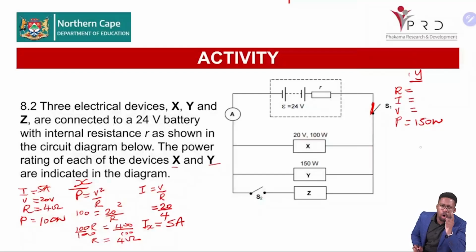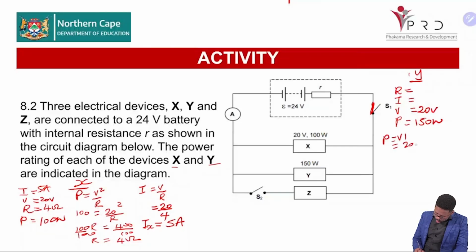You will remember that we said the potential difference for resistors connected in parallel is the same. So if the potential difference at X is 20 volts, what will V be at Y? It is going to be 20 volts because they are connected in parallel. So once we have power and V, we can get I. Power is equal to VI.